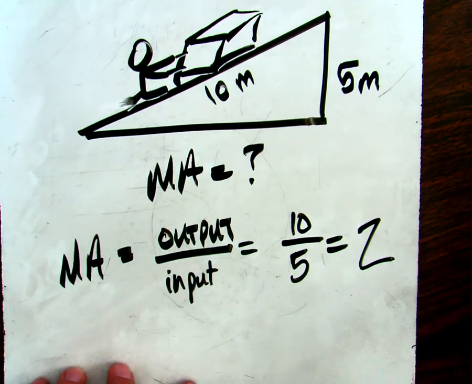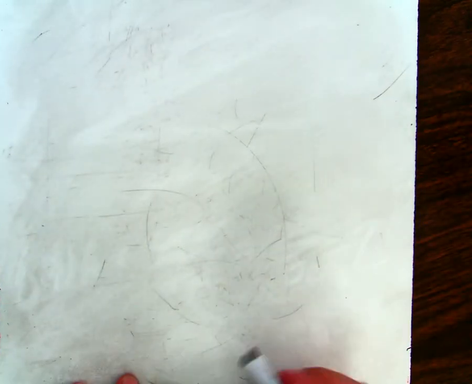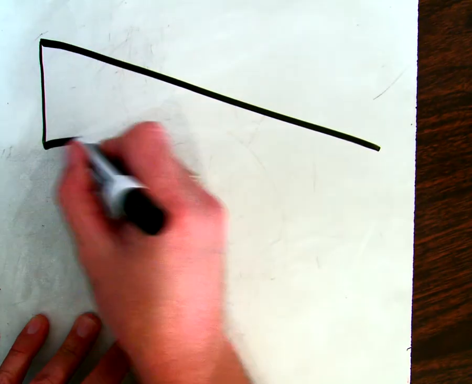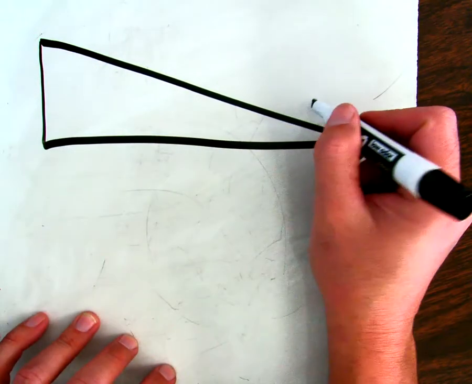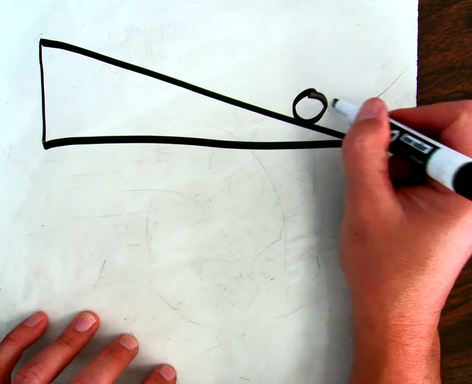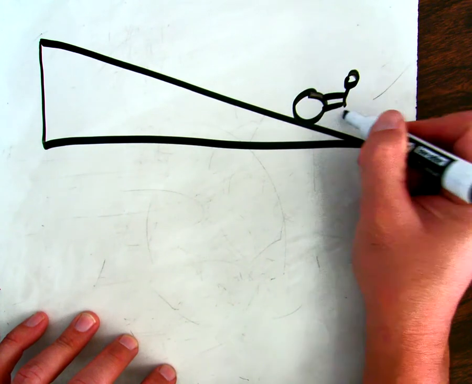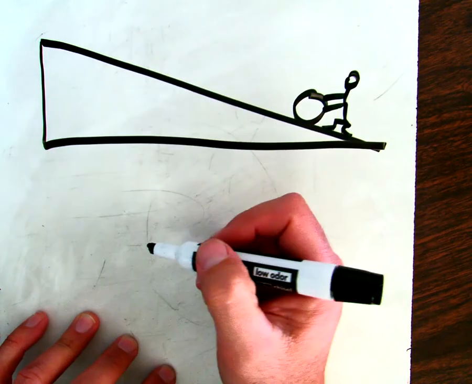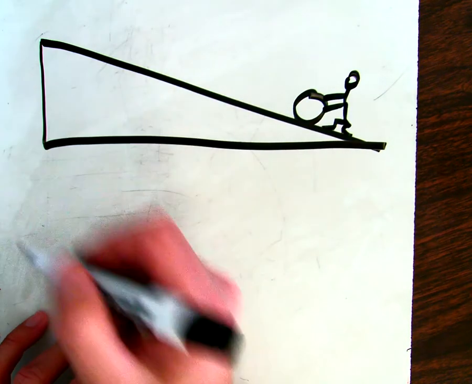Let's try one more just to make sure everybody understands this concept. If you have the formula memorized, or if you use the formula provided, it's pretty straightforward. Let's say we have a guy on this side, and he's going to be rolling this barrel uphill. He's trying to save himself some headache from not pulling it directly straight up.